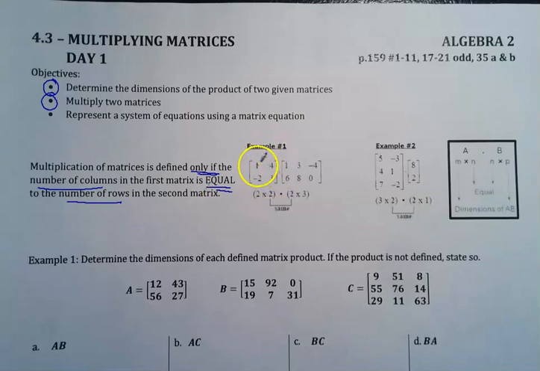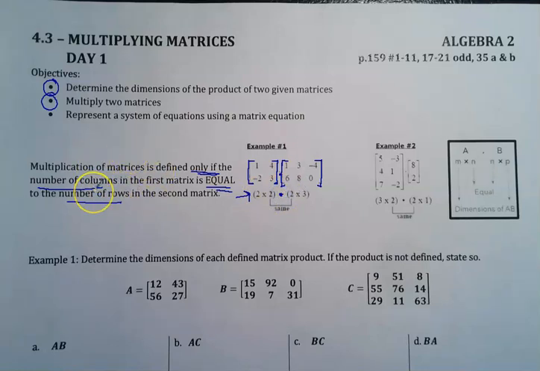So in example 1, notice that we have our 2 matrices that are being multiplied together. This first one is a 2 by 2 matrix. We have 2 rows, 2 columns. The next one is a 2 by 3 matrix. So we have 2 rows, 3 columns. So these right here are the dimensions. So 2 by 2 times a 2 by 3.